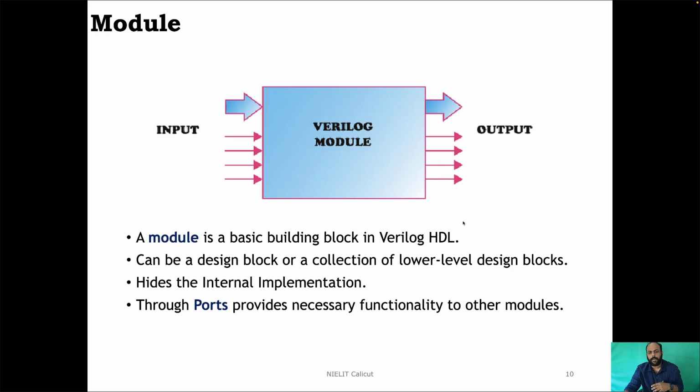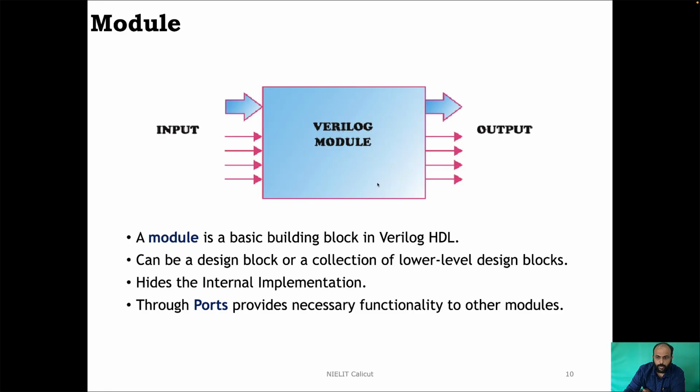Now if you look at Verilog, the most fundamental entity or building block is called a module. A module can be imagined as a black box with a lot of input pins, output pins, and possibly some bidirectional pins as well. So what is a Verilog module? A Verilog module is a design block, or a collection of one or more low level design blocks.